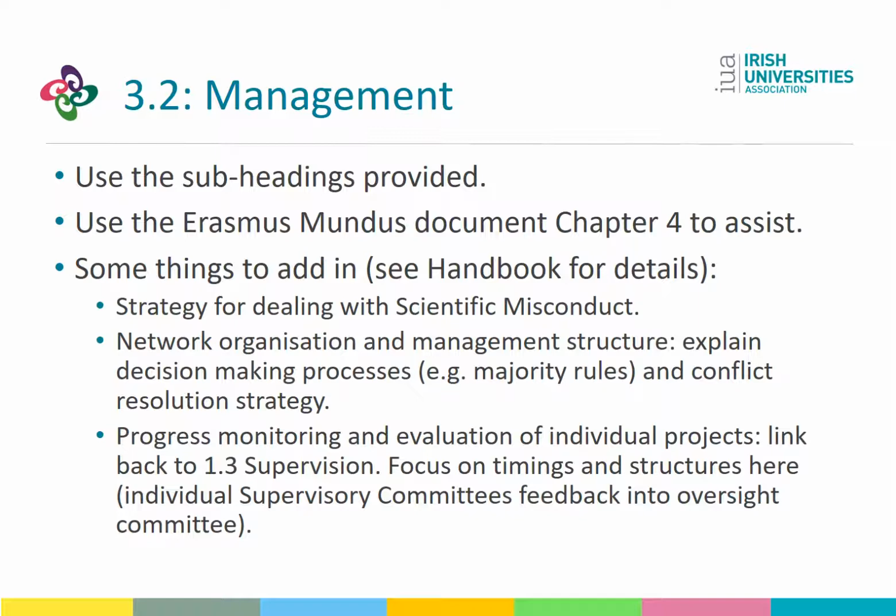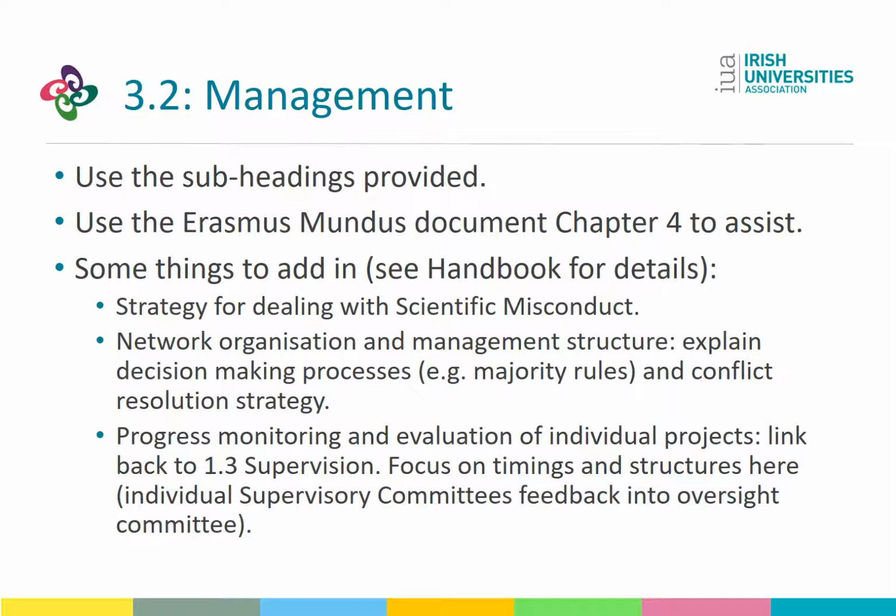You will have to define a strategy for dealing with scientific misconduct. In terms of network organization and management structure, you will have to explain the decision-making processes, for example, how will you vote on a certain decision, will you use a majority rule, and a conflict resolution strategy.